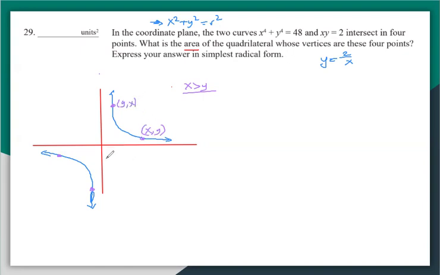Another symmetry going on is that if you reflect over this, you end up getting this. So the y value, whatever this value is, is going to be the same distance from the origin. So this has to be negative y, and the x coordinate will be the negative version of this. So this is going to be negative x and negative y. Actually, the other way around. So the negative y.